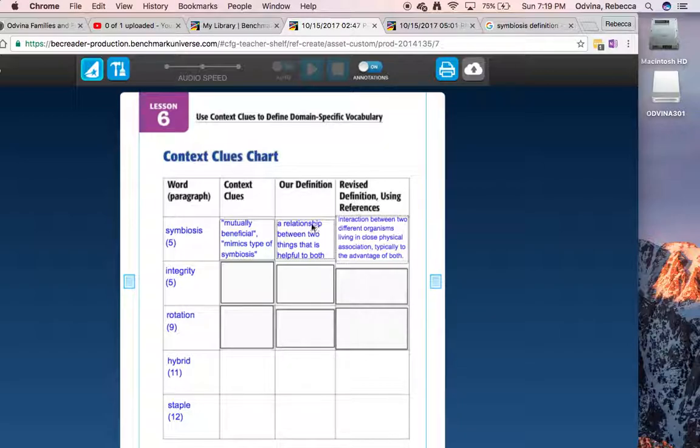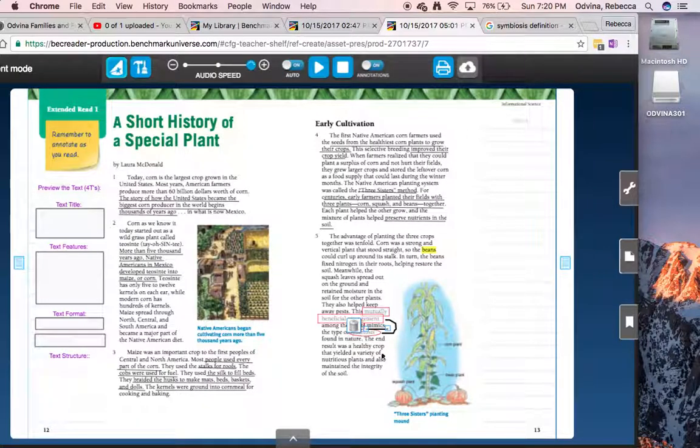So it looks like a relationship between two things that is helpful to both. Our definition really does make sense with what they're talking about. This mutually beneficial arrangement among the plants mimics the type of symbiosis found in nature.